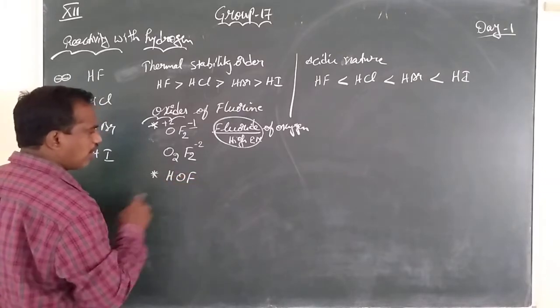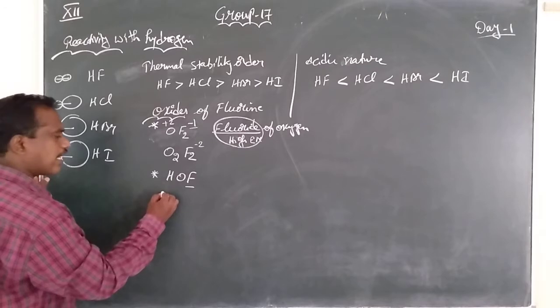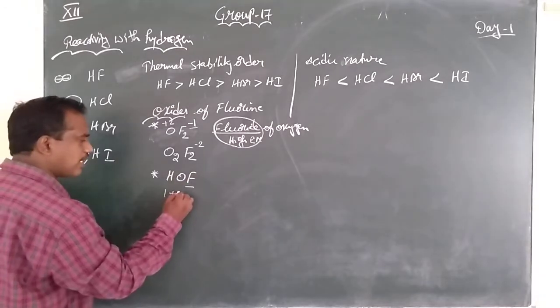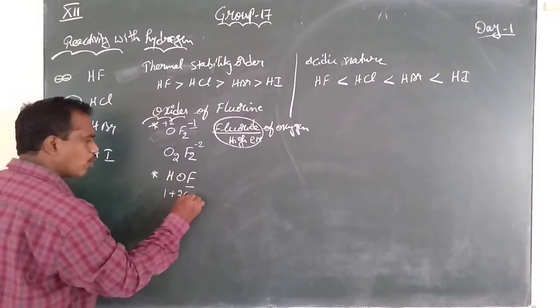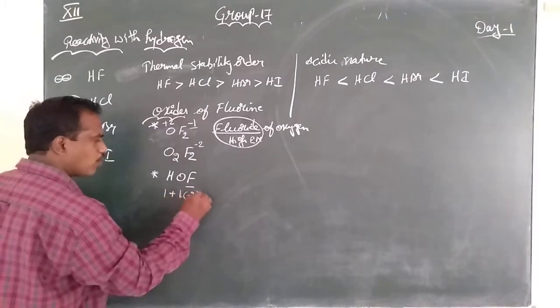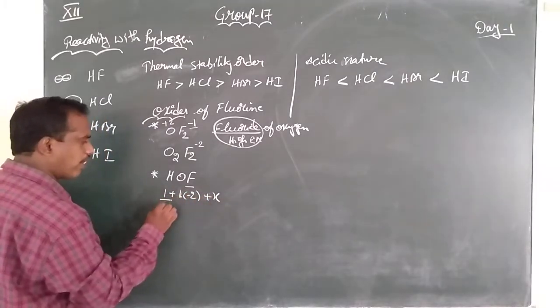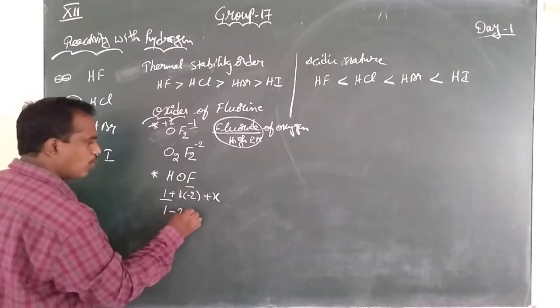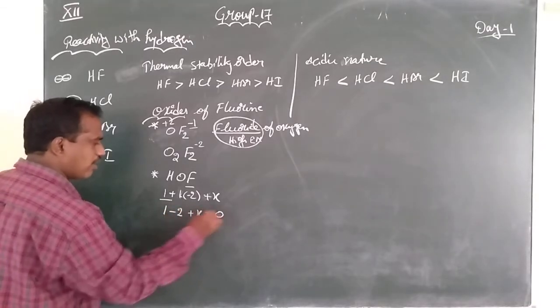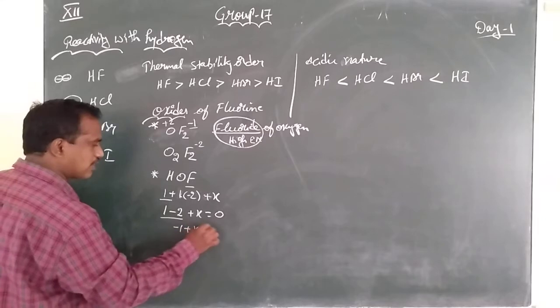In this, what is the oxidation state of fluorine? Here hydrogen is +1, oxygen is -2, so 1 plus (-2) plus x equals 0, that is -1 plus x equals 0.